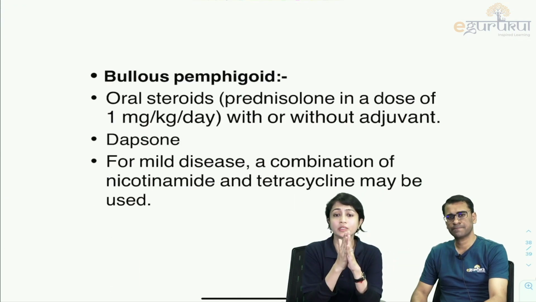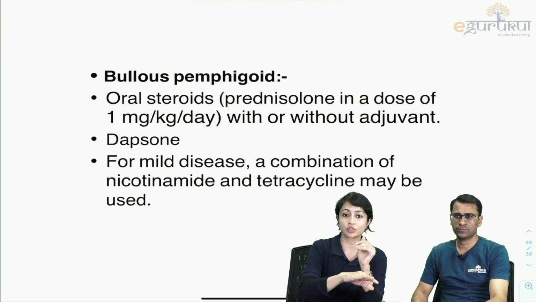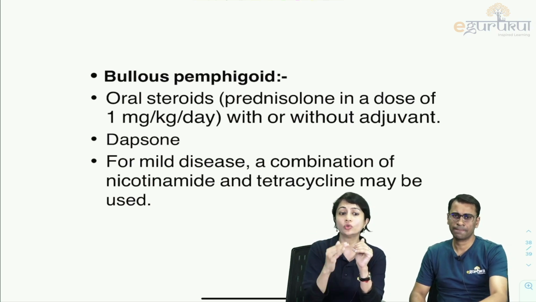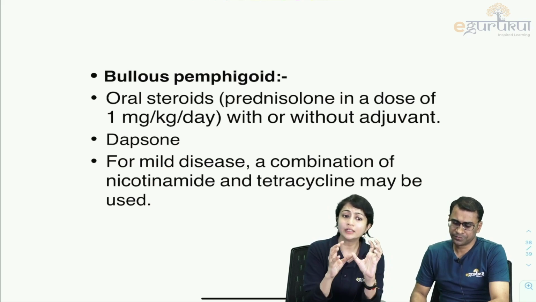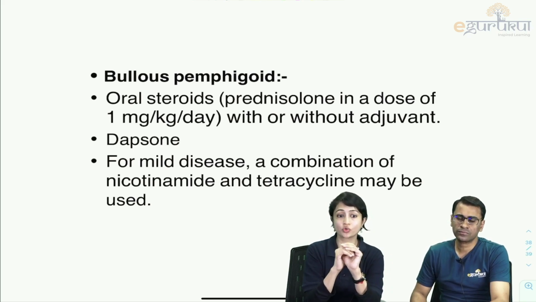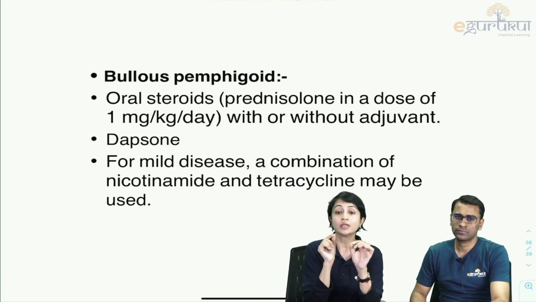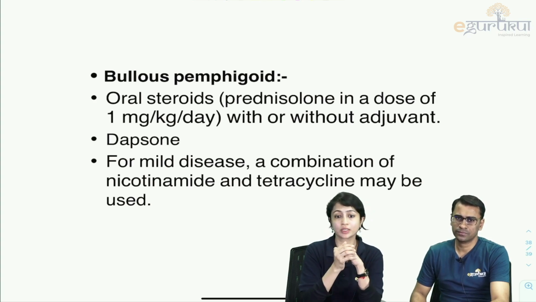Whereas subepidermal disorders are usually considered milder than intraepidermal disorders. So here also I use steroids, but a relatively lower dose as compared to the Pemphigus group of disorders. And here I can even manage without an adjuvant, because I usually see that once you taper steroids, patients are okay. Dapsone is a drug very commonly used in bullous pemphigoid, because we see a lot of neutrophilic and eosinophilic infiltrate, so Dapsone works against them.